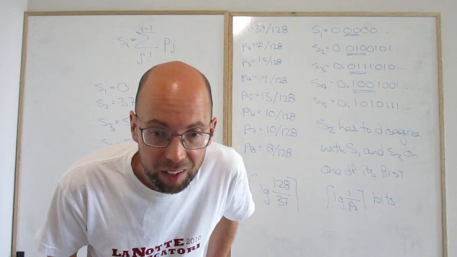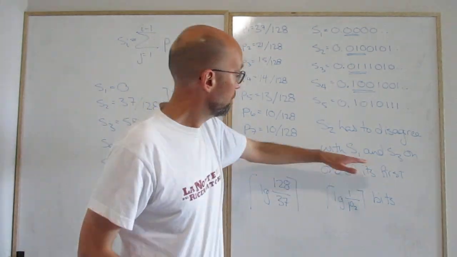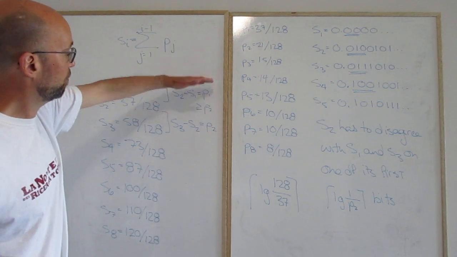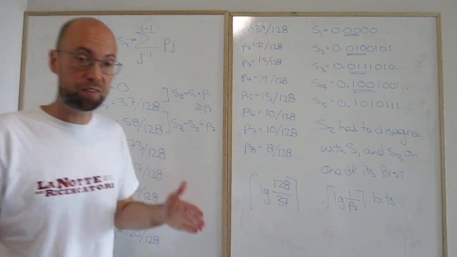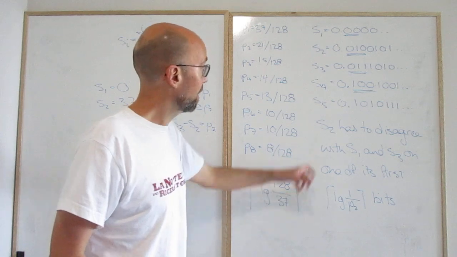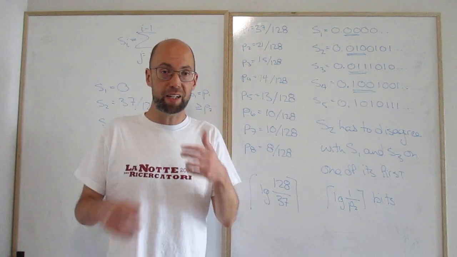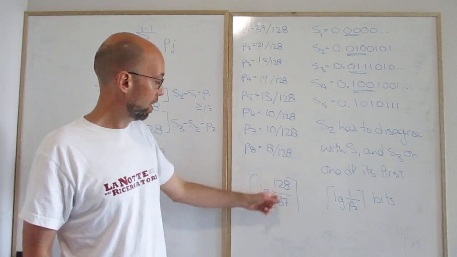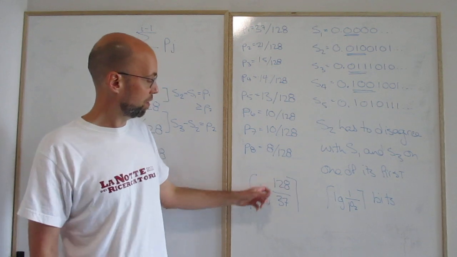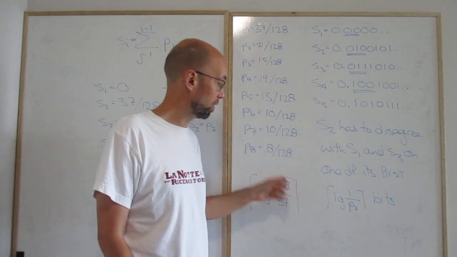Oh, thank you. Why just the first 3 digits? Because it differs by P2 from the preceding sum and the succeeding sum, so we know that its binary representation has to differ by ceiling of log 1 over P2, and that's a ceiling of log 128 over 37.